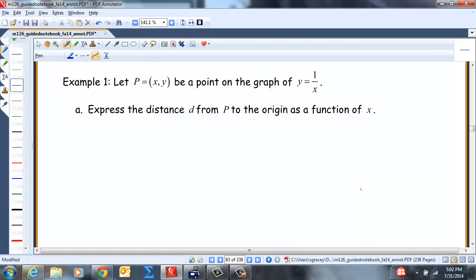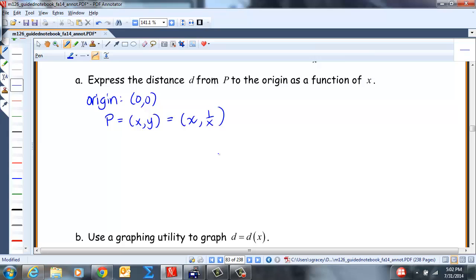So let's think about what we have here. The origin is the ordered pair 0, 0, good. And then the point on the graph, point P, is equal to x comma y, but what is y? Good, y is 1 over x, so we'd have x comma 1 over x.